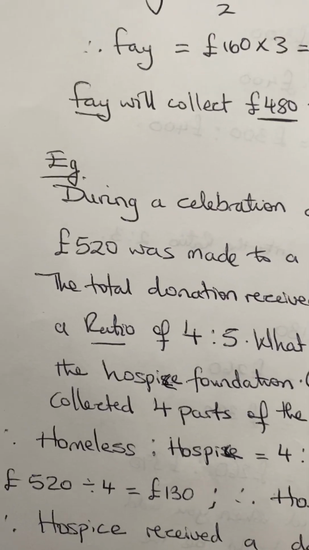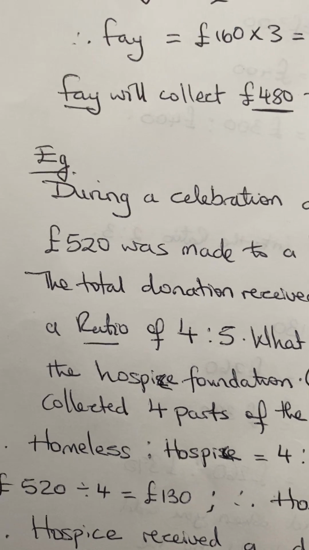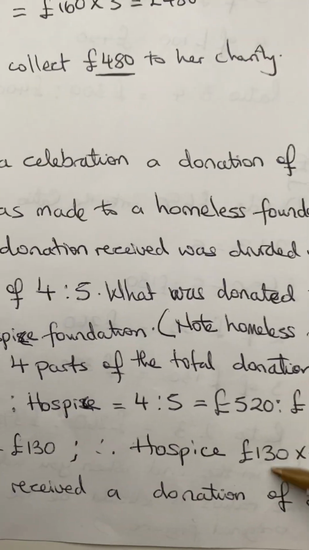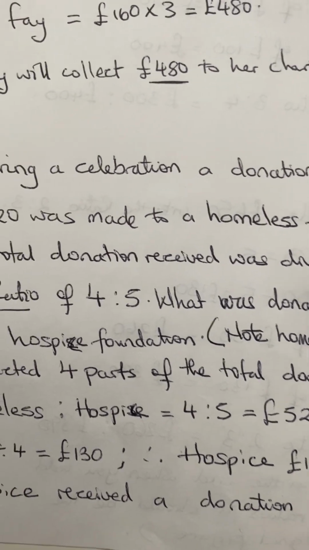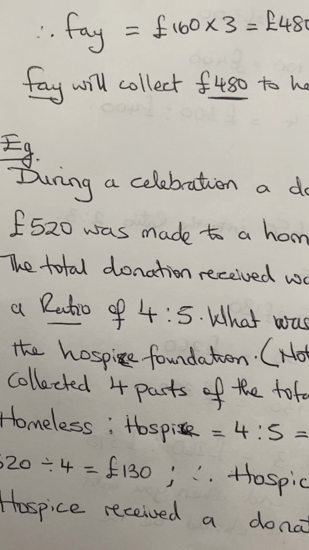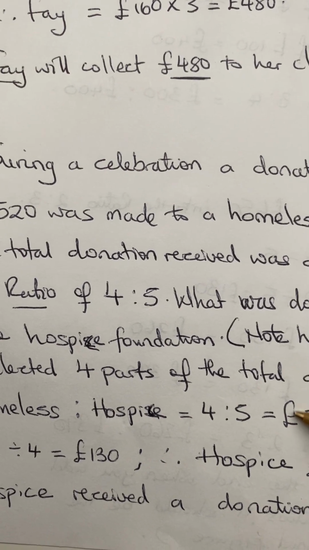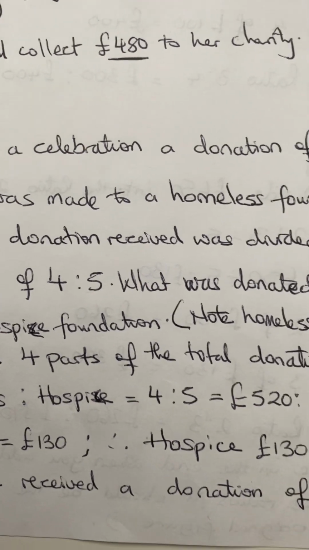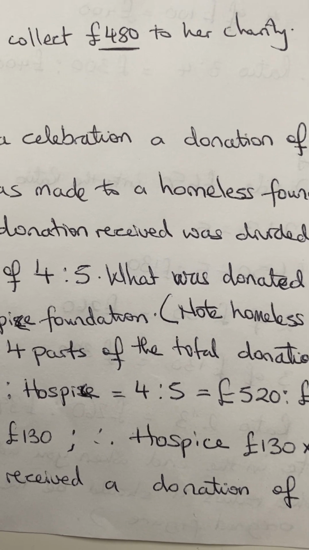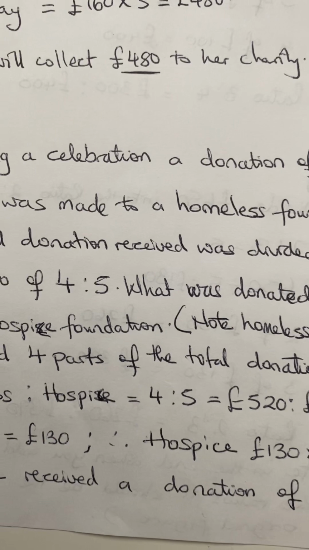They could go on further and say, calculate the total amount of donation received during the celebration. So now we have what was donated to the homeless, and we have what was donated to the hospice.